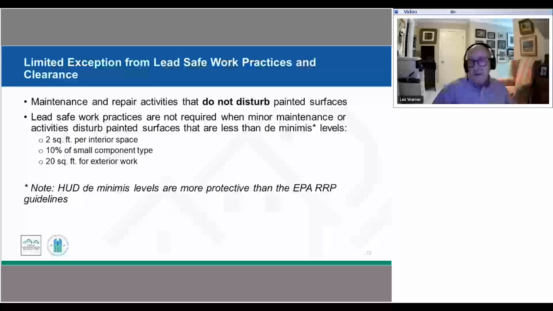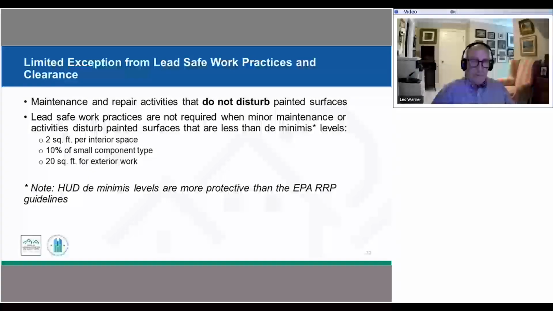In a situation like that, you're probably not disturbing any painted surfaces, and so you would be exempt from the lead-safe housing rule requirements. Also, where we have very minor maintenance or activities that are going to have very limited impact on painted surfaces, this can be done under an exemption of the de minimis levels.